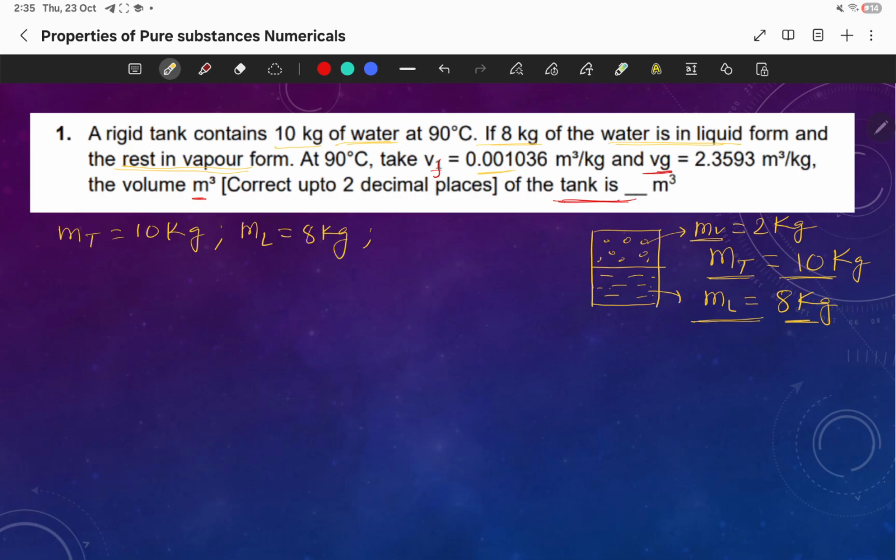From here we know that mass total is mass of liquid plus mass of vapor, so from this relation we get mass of vapor is 2 kg, right?